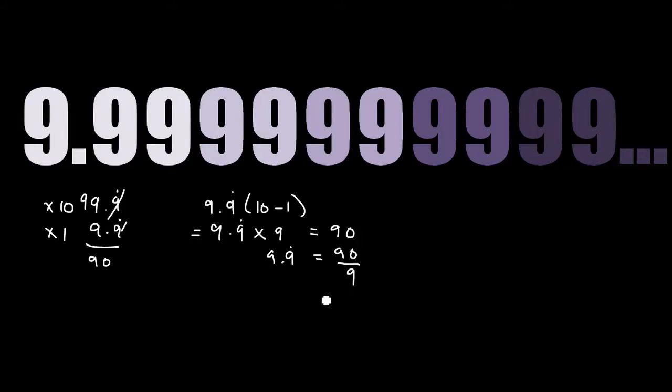Okay, and therefore 9.9 recurring equals, well, divide by 9 both top and bottom, 10.